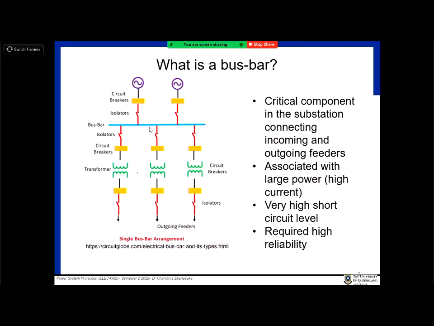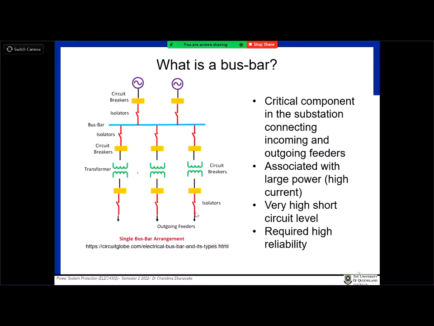Since two generators are connected to this single bus, the amount of power associated with this bus is huge. If there is a short circuit on this bus, the current is much higher than short circuiting one of these lines.